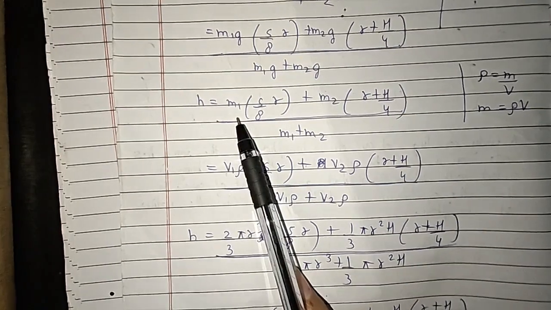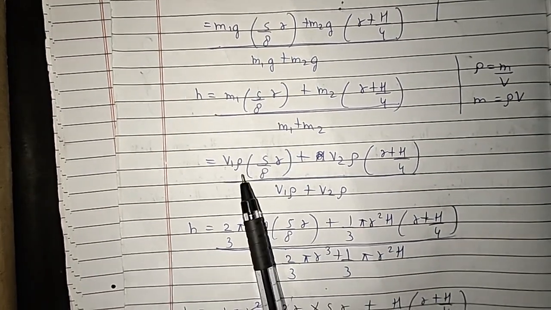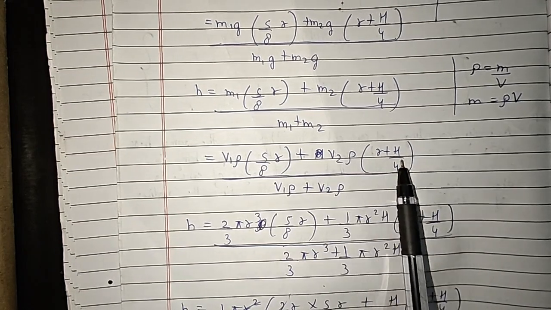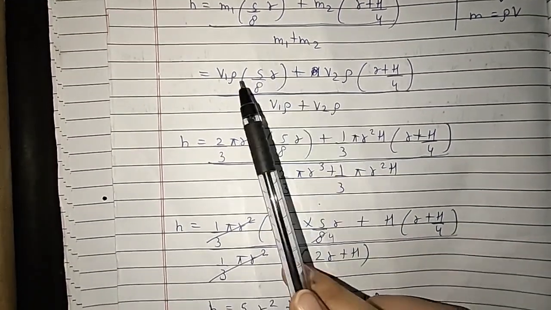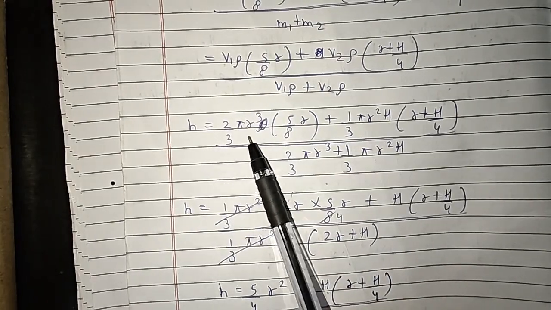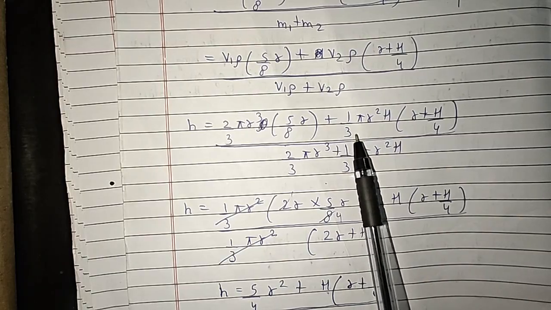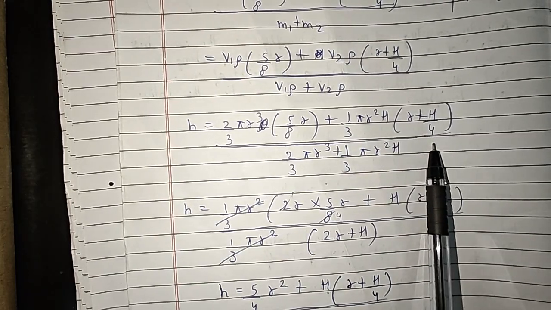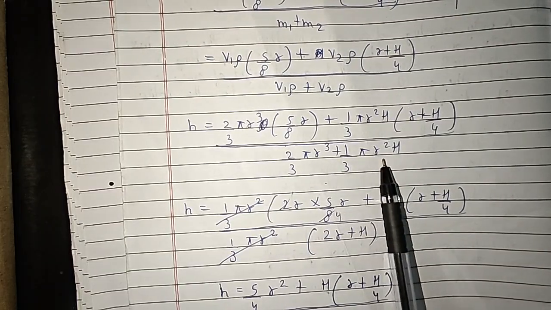Here the mass m is rho V. So this will become V1 rho times 5 upon 8 r plus V2 rho times (r plus h upon 4), upon V1 rho plus V2 rho. The value of V1 is 2 by 3 pi r cube and V2 is 1 by 3 pi r square h. So H equals (2 by 3 pi r cube times 5 upon 8 r plus 1 by 3 pi r square h times (r plus h upon 4)) upon (2 by 3 pi r cube plus 1 by 3 pi r square h).